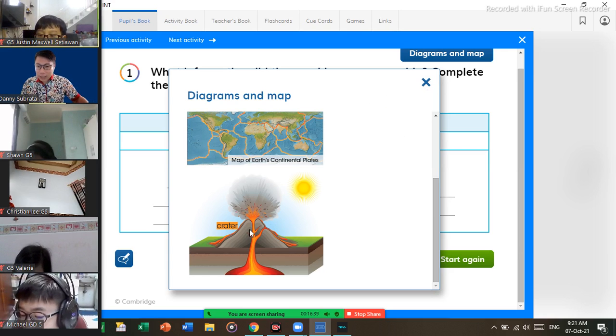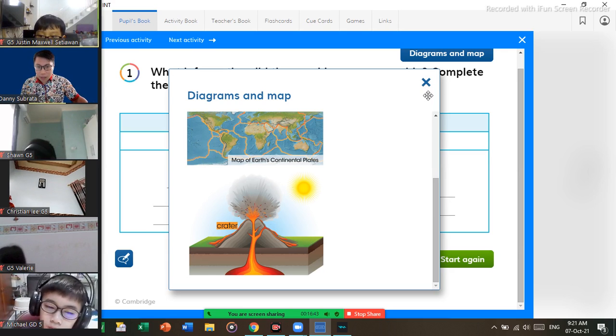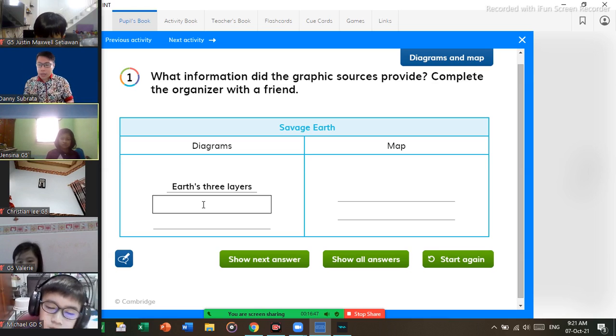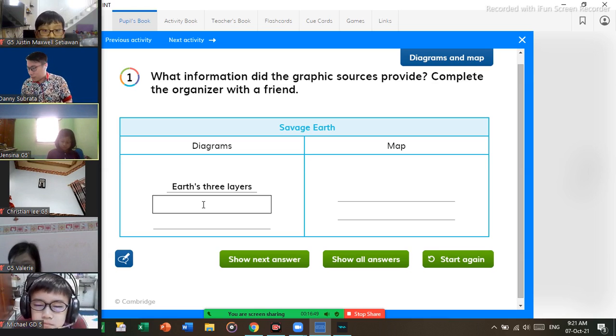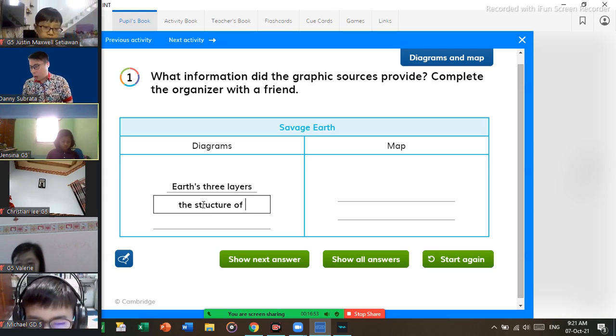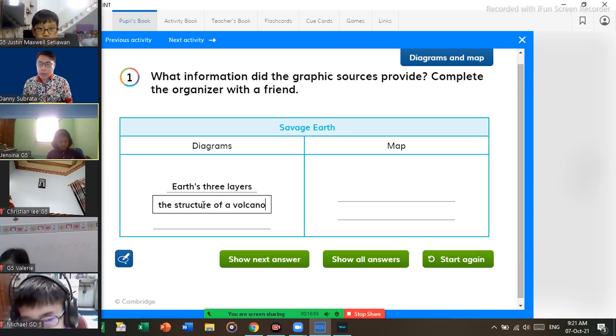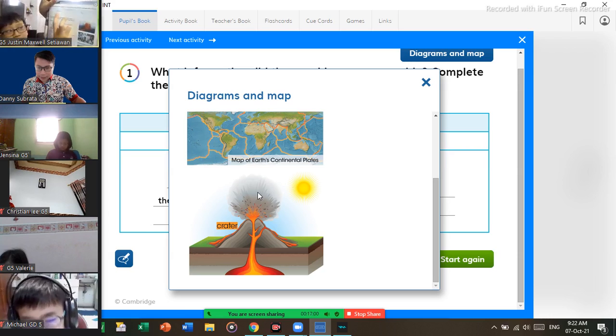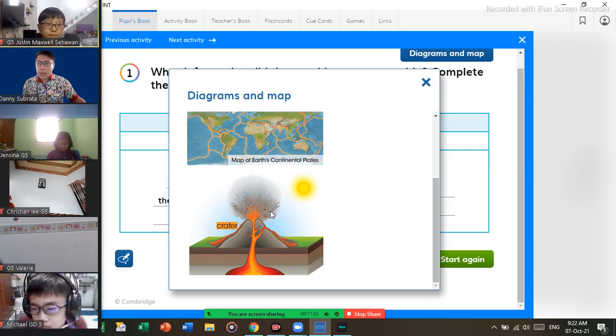Okay, so this is the structure of a volcano. That means we have two diagrams over there, the Earth's three layers and also the structure of a volcano. Why is it a structure?